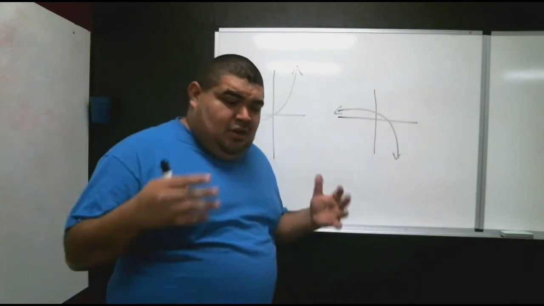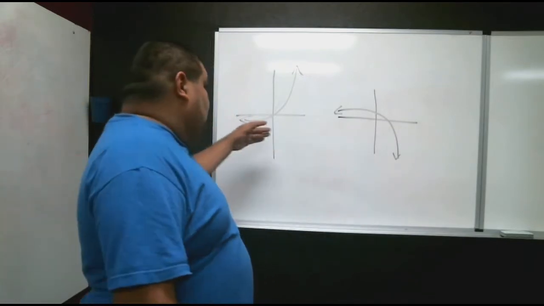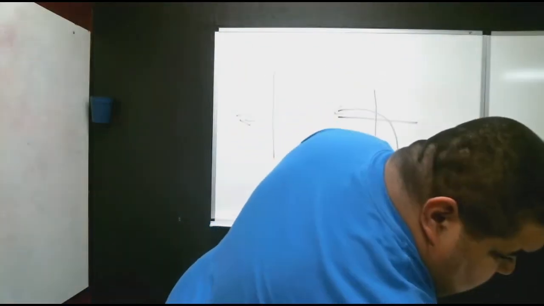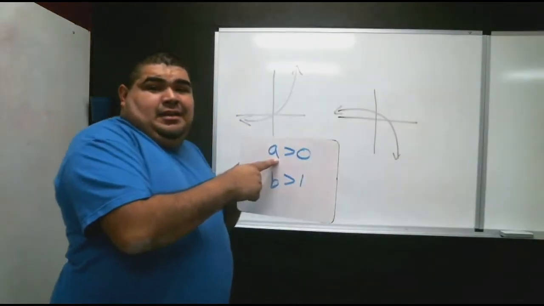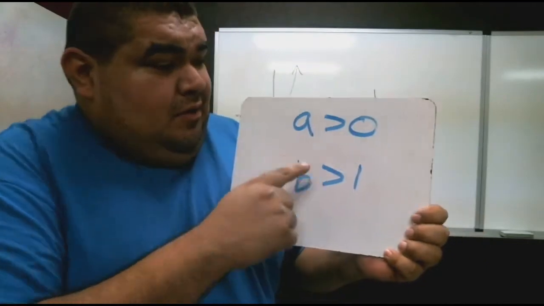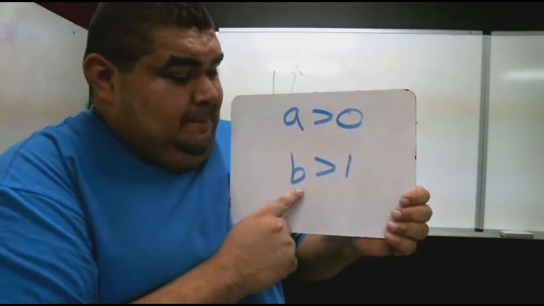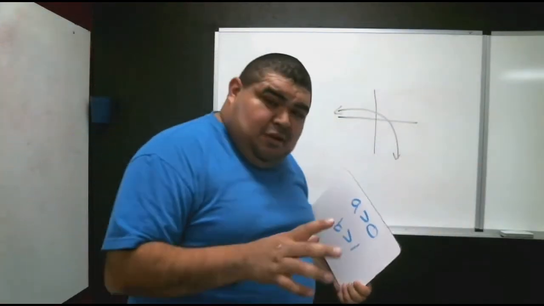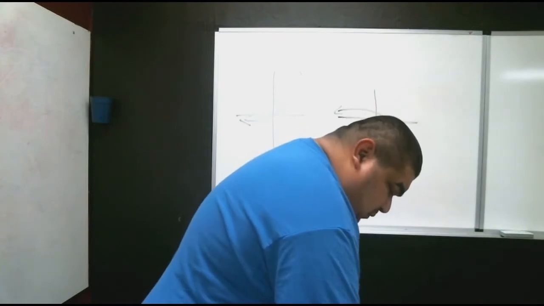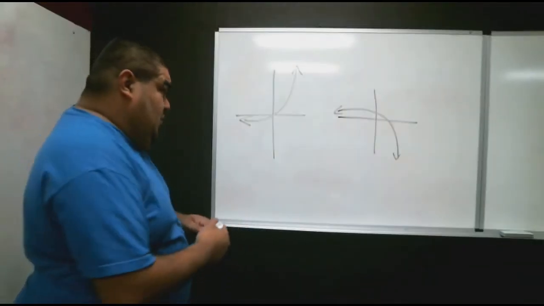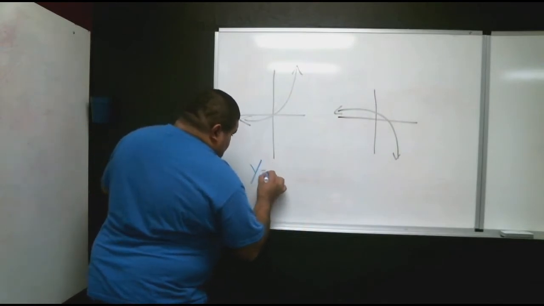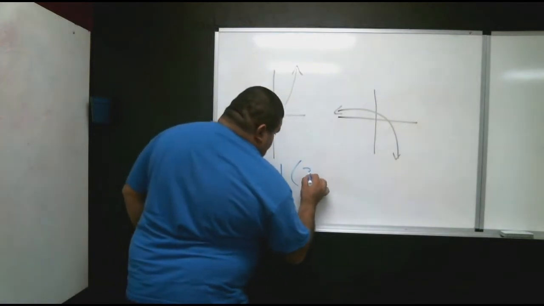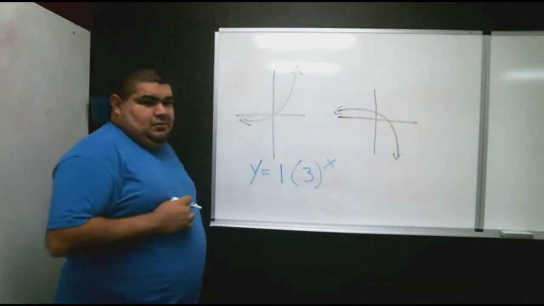How do we know the difference between decay and growth? For a growth equation, A has to be bigger than 0, and B has to also be bigger than 1. For example, we can say y equals 1 times 3 to the x.